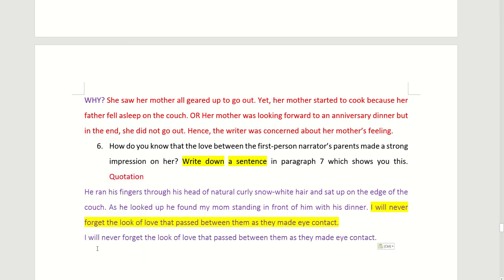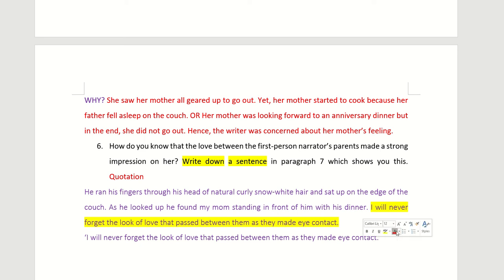Just write like that? No, if you just write like that, it's not right, okay? What do you have to put? You have to put the all important quotation mark. Very, very important that you put the quotation mark, because if you don't put the quotation mark, it is not a quote.